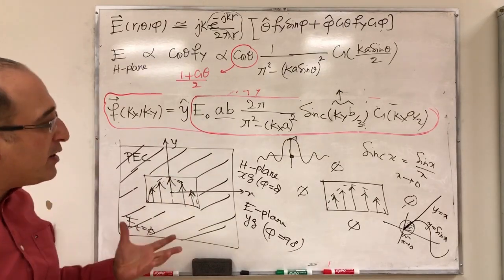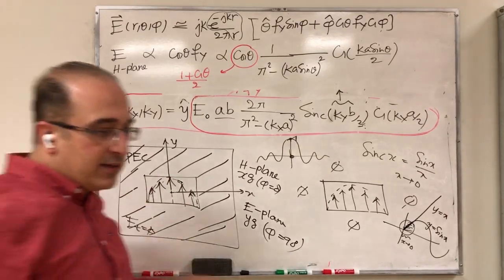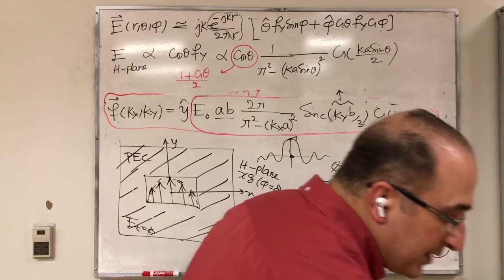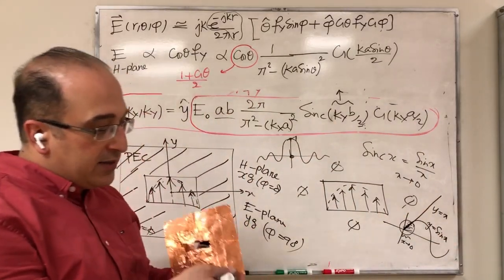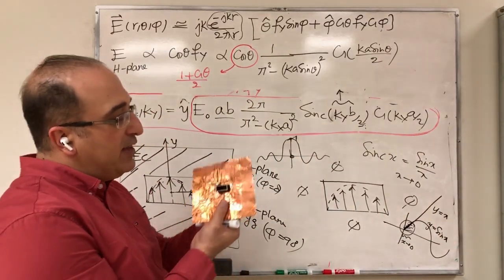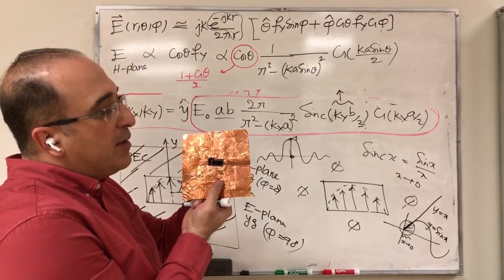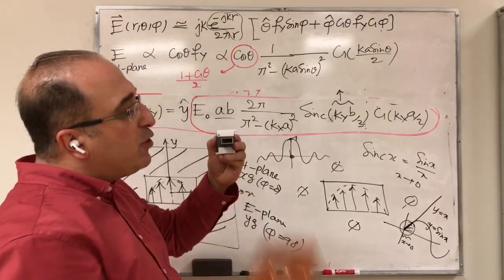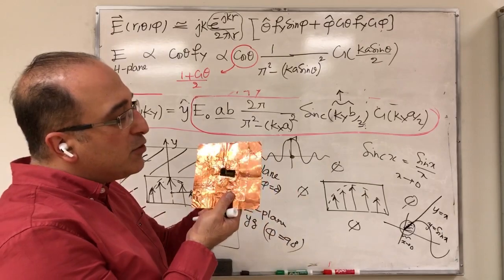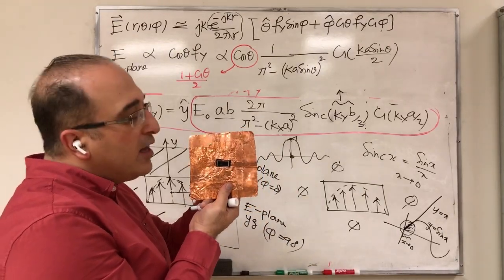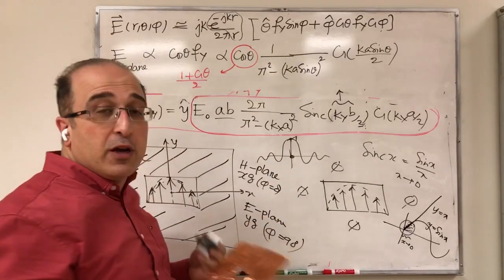So in summary, if this is my antenna, originally I started my discussion with this, that we have something here and this PEC plane is big. But if we don't have this, we can still assume that the situation is like that, but of course we get some error because of this assumption.